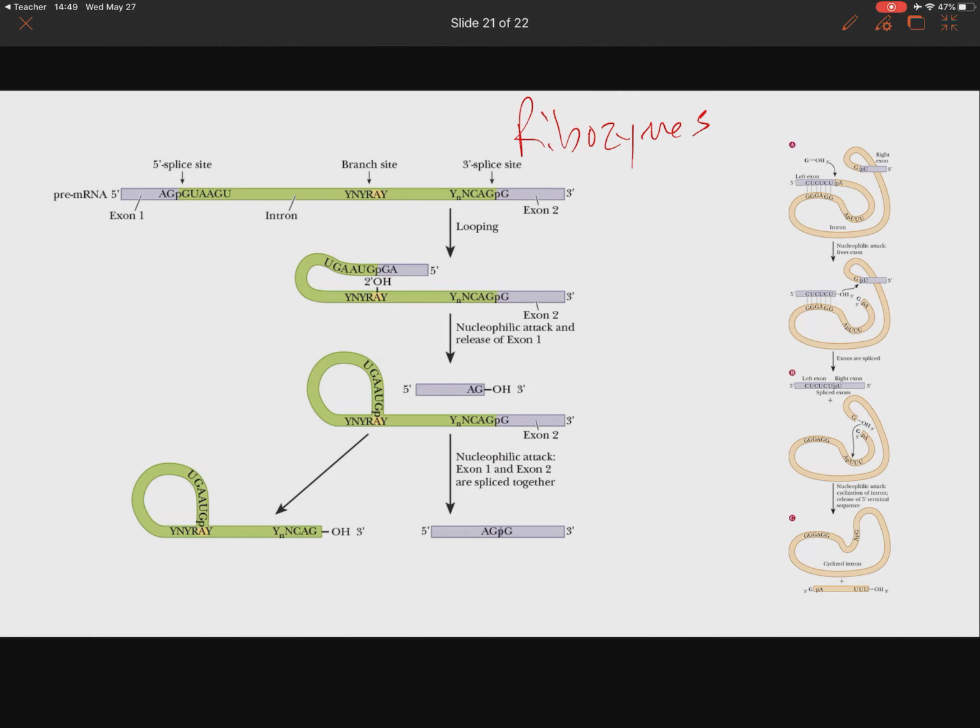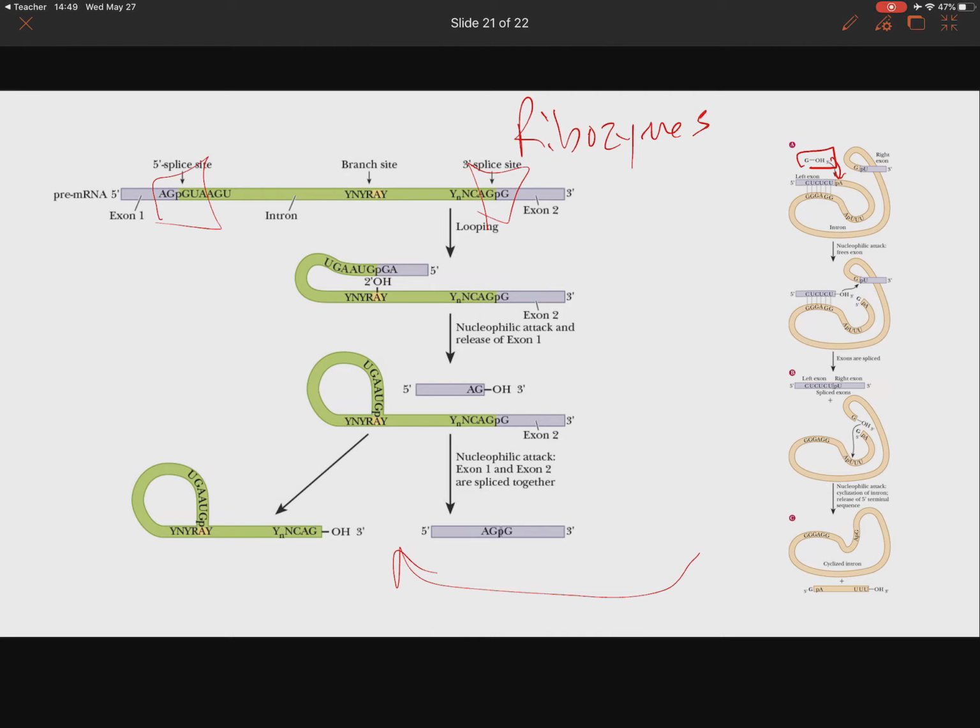And then there are group 2 ribozymes, and these display the lariat mechanisms that we saw, like right here. These don't require an external nucleotide, meaning something coming in with a guanosine, as opposed to the guanosine being already built into the structure.